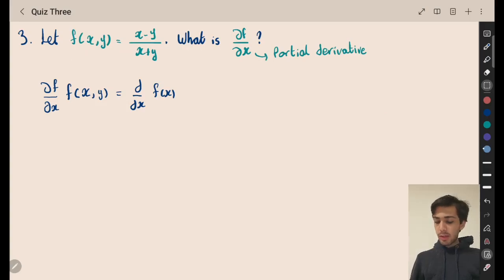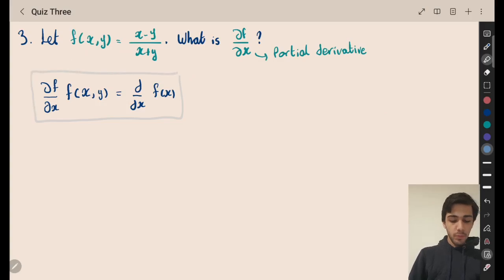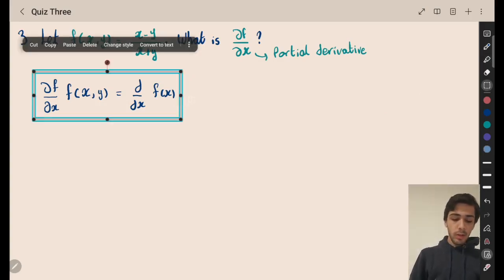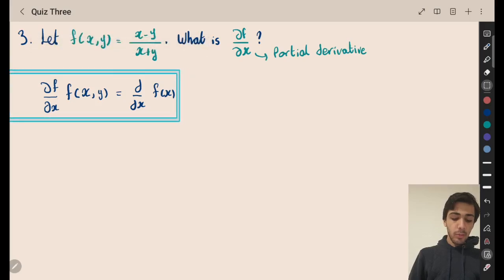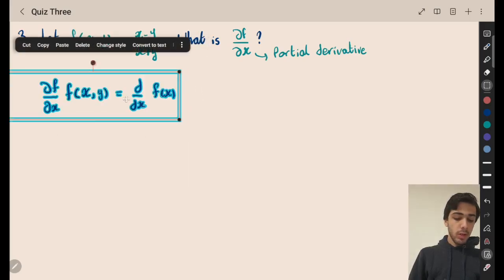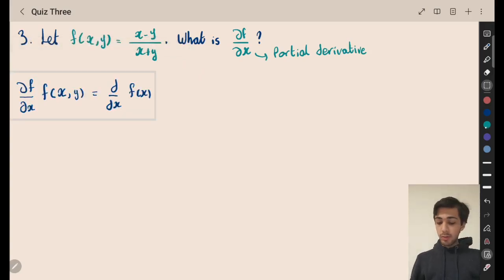Now I imagine that you might be facing some difficulties grasping that concept. So what I'm going to do right now is replace y by a constant, just for the sake of illustration.